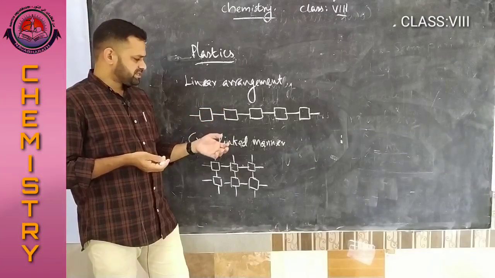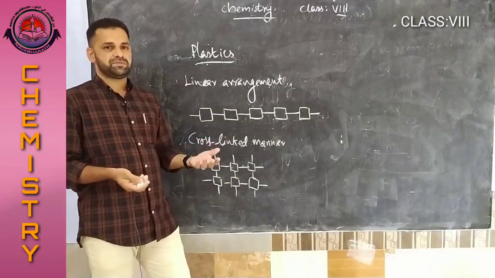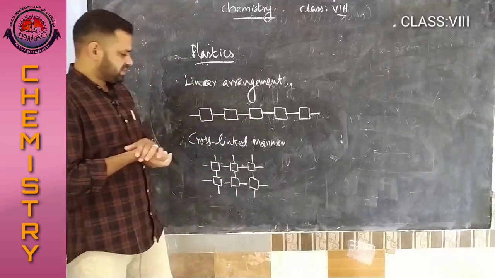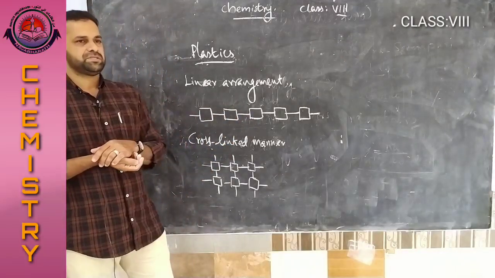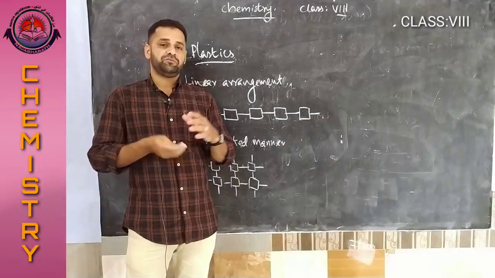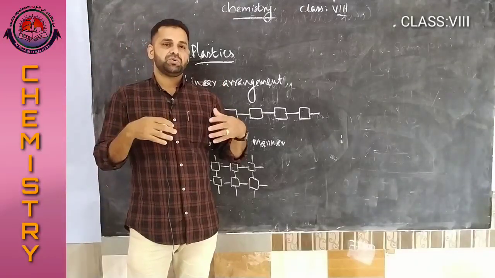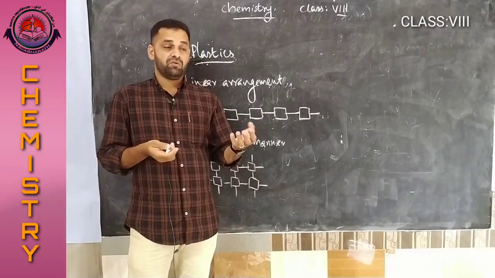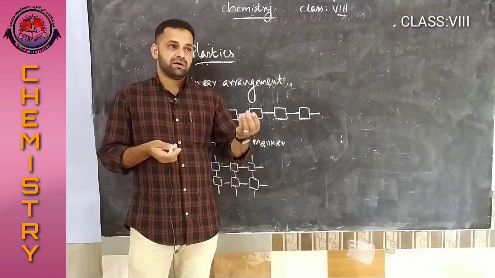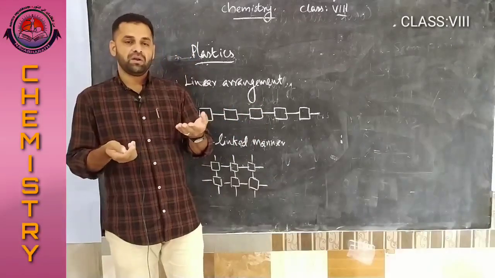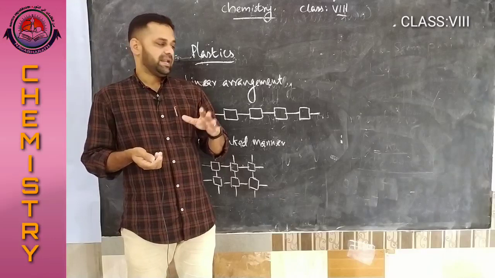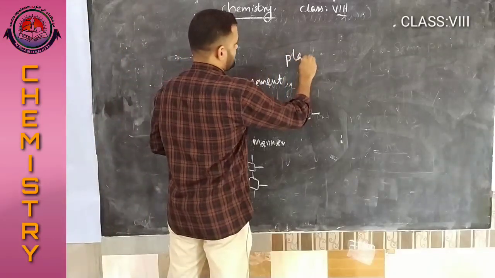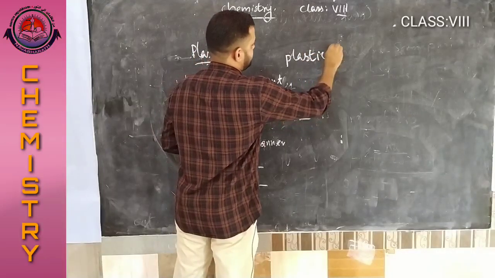So plastics can be made into different shapes by heating. There are certain substances which we can change into different shapes by heating, or mold into sheets, or make into fibers, and that property of the substance is called plasticity.